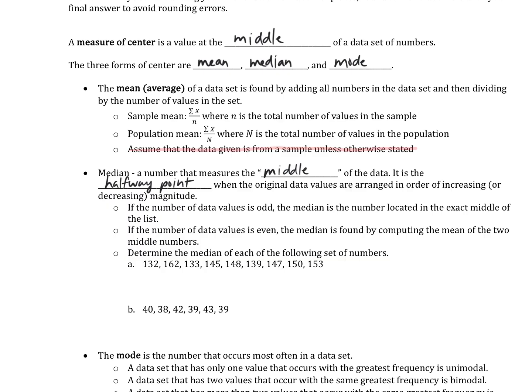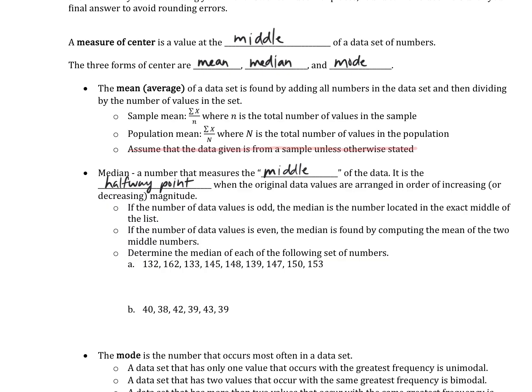If the number of data values is odd, the median is the number located in the exact middle. So if you have 5 data points, the third one is your median, okay? If it is an even number of data points, so if you had 6 data points, you would use the average of the 2 middle ones. So you'd find the third and the fourth and find the average of those.